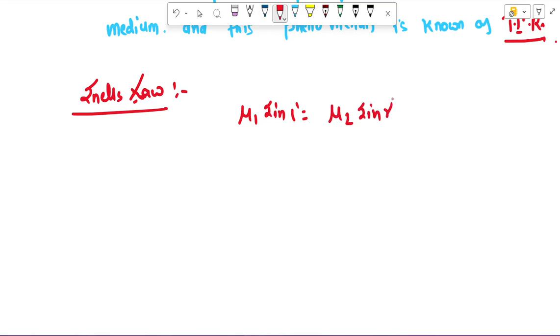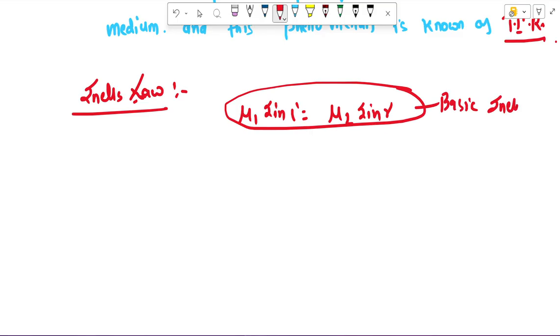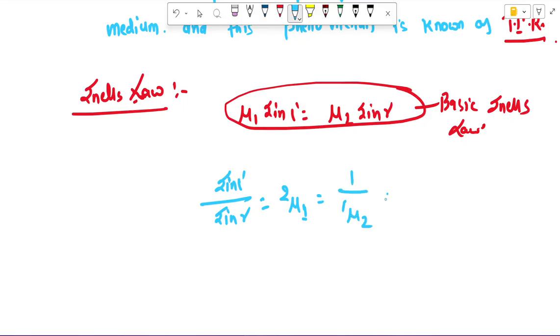This is the basic Snell's law. But in TIR, the light goes from the denser to the rarer medium, so we can write sin i by sin r equals 2 mu 1, which is also 1 upon 1 mu 2.